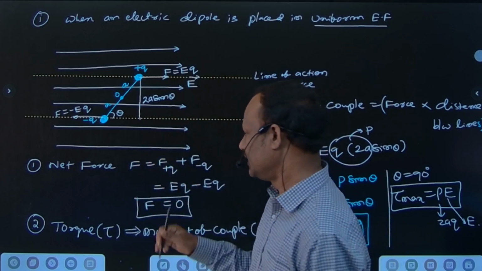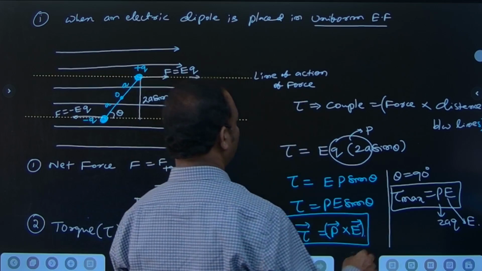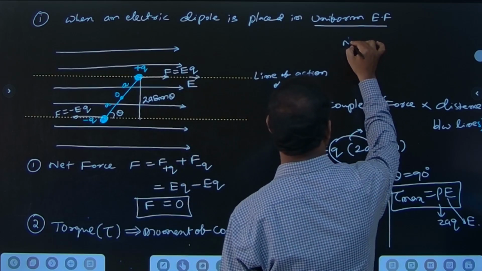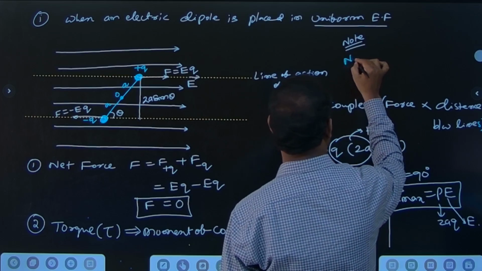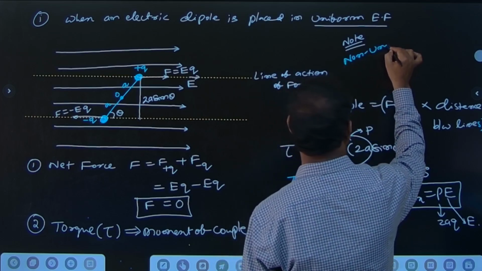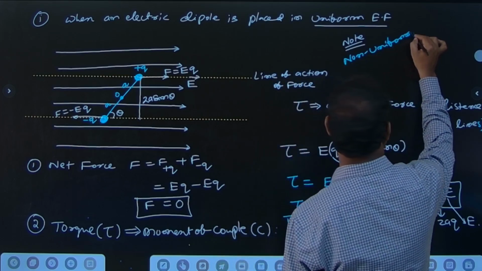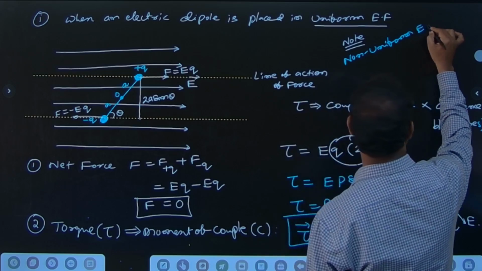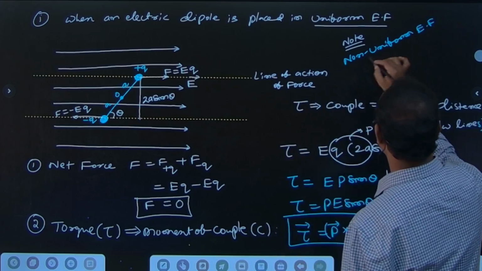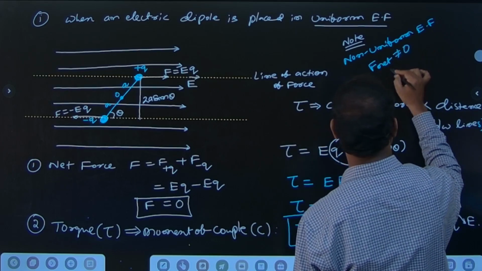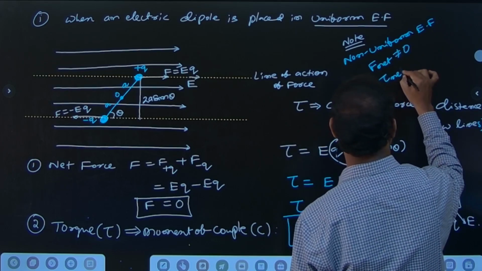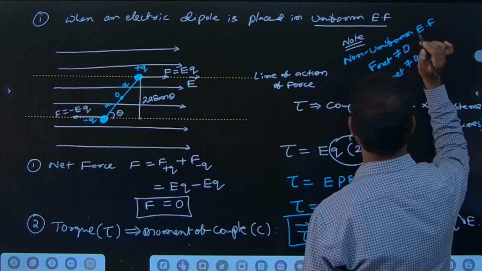Note that in a non-uniform electric field, F net is not equal to 0, and tau is also not equal to 0.